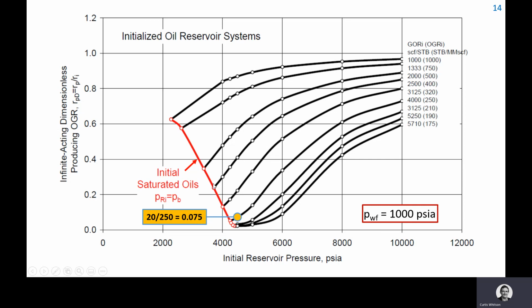If the reservoir pressure is equal to the bubble point of the oil system, then basically you're along the red line here. The example we just looked at had a producing oil gas ratio of 20 barrels per million divided by the initial of 250, which gives 0.075. So you can see that this was the system basically on this line here that was just slightly undersaturated.